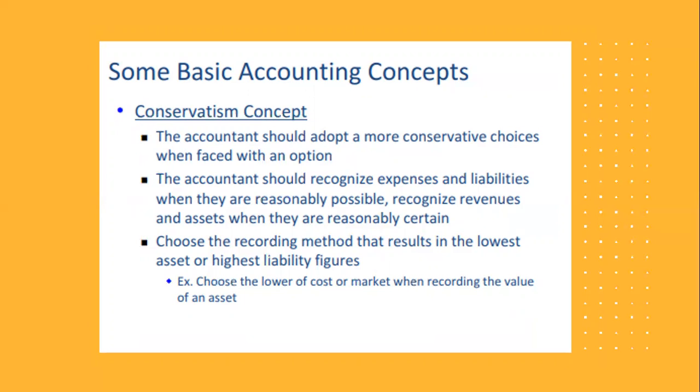Well, better for you not to recognize it until you are pretty sure. So you don't want to paint a rosy picture that is inaccurate. You want to paint a very accurate picture. And so therefore, accountants should use a conservative approach. And you should choose the recording method that results in the lowest assets or the highest liability figures. So again, always erring on the side of caution.